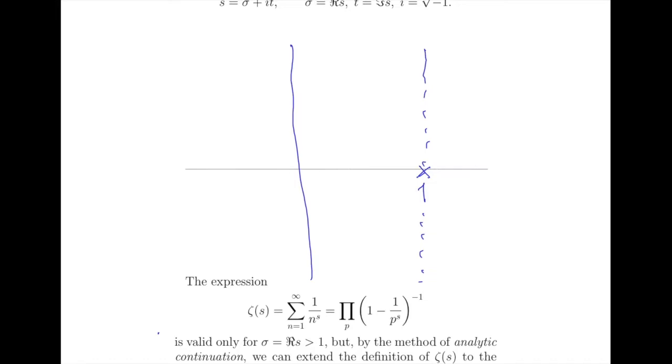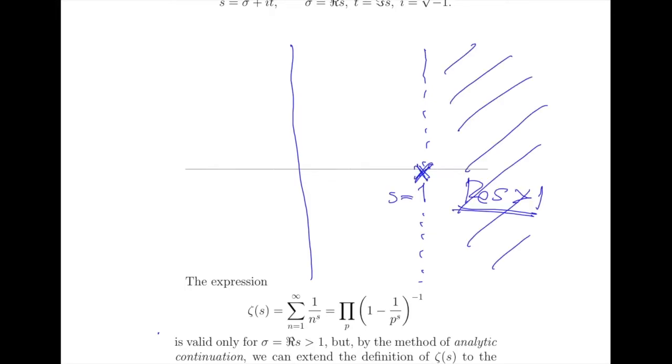And here there is s equal to 1, and we know that at s equal to 1, zeta(s) is divergent.